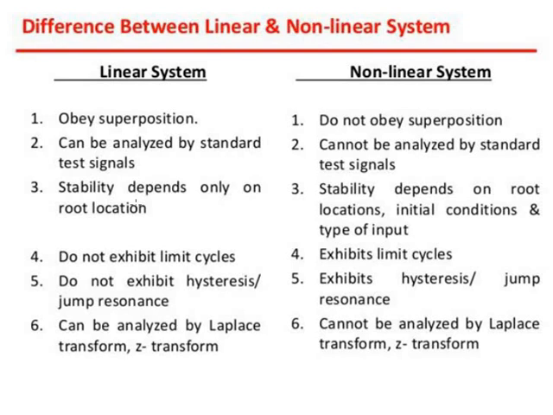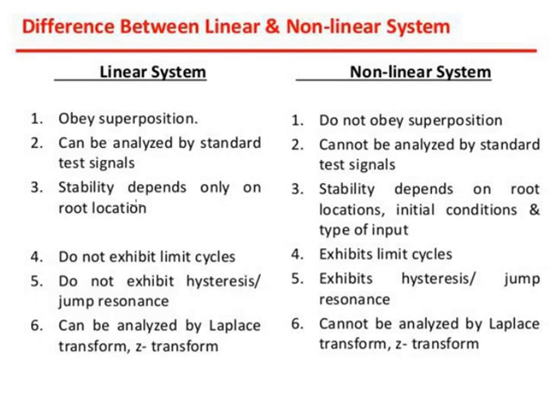Stability depends on the root locations in the linear system, whereas in the non-linear control system the stability depends on the root location as well as the initial condition and the type of input. A linear system does not exhibit limit cycles, whereas a non-linear system exhibits limit cycles.